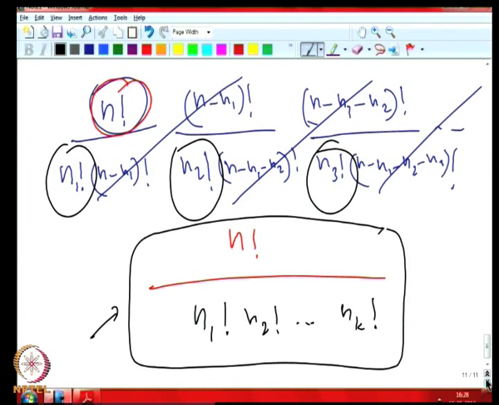The boxes are also different, you can distinguish one box from another. The speciality here is that the number of things which should go to a specific ith box is already given to us. In some cases it may not be given, and we may have to work harder. It may just ask how many ways you can split it.